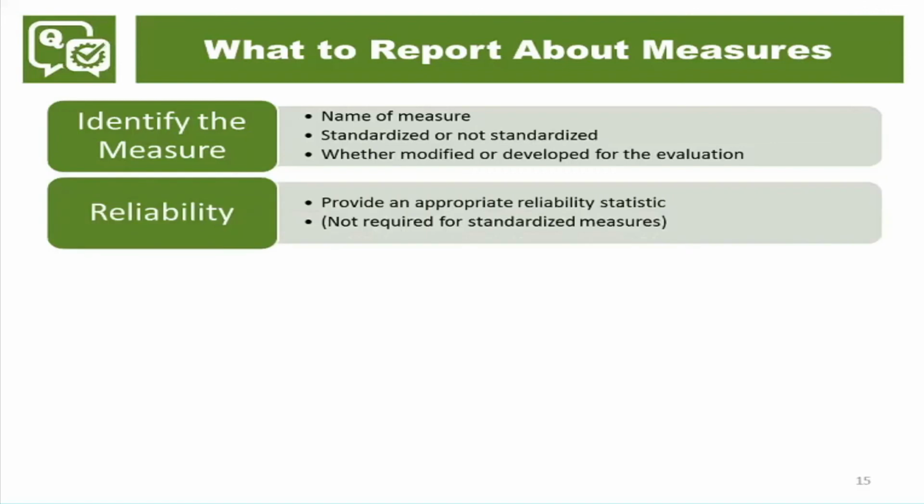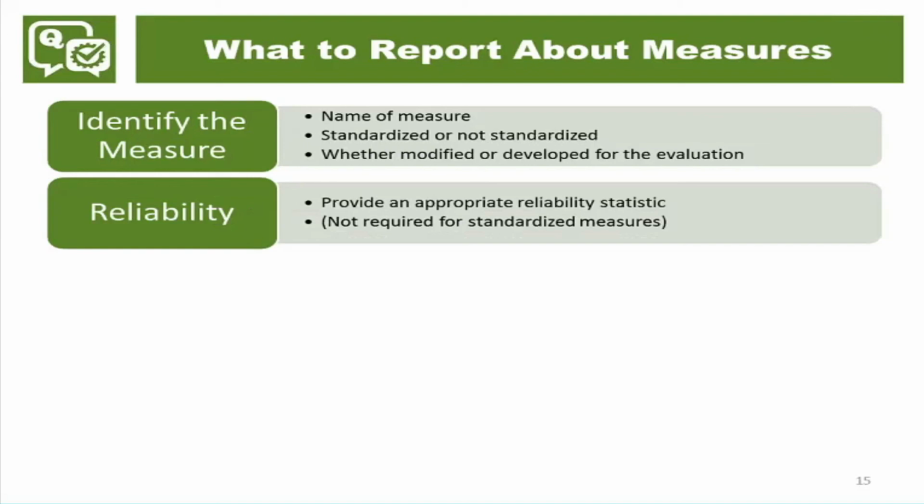For reliability, you should provide a reliability statistic for each non-standardized measure. So for most scale scores from surveys or from direct assessments, internal consistency or test-retest reliability are appropriate measures of reliability. For observational measures, inter-rater reliability is appropriate.